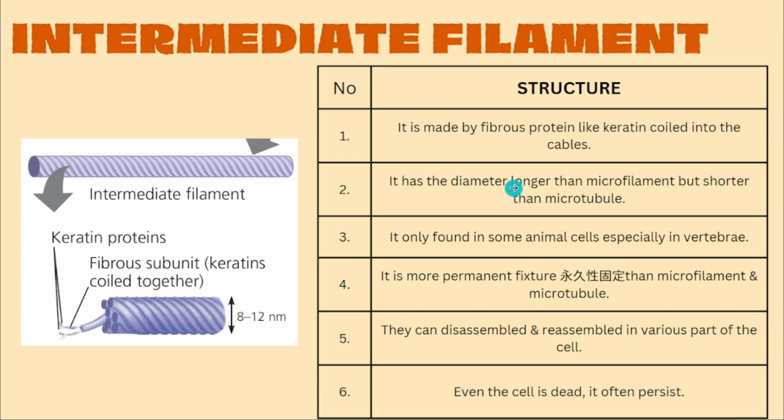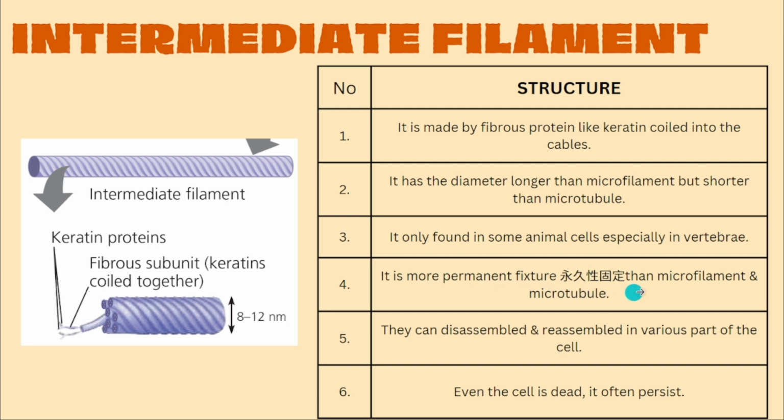Normally the diameter is larger than the microfilament, but smaller than the microtubule. And it is only found in some of the animal cells, especially in vertebrates. So not all parts of the body contain this kind of filament. And normally it is a more permanent feature than microfilament and microtubule, meaning that this filament can provide very long support.